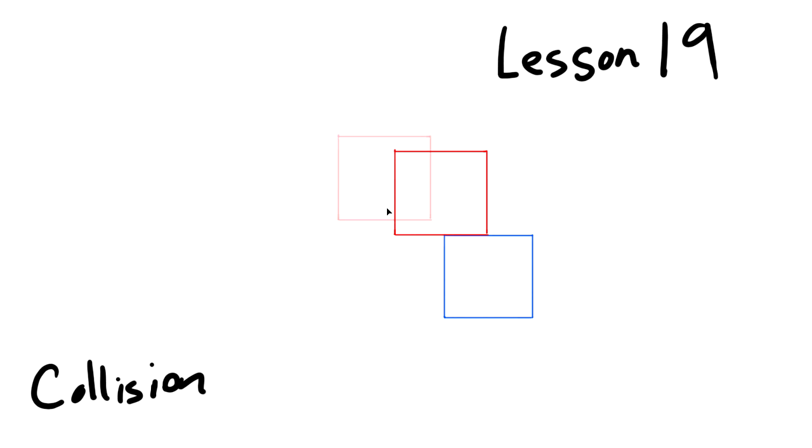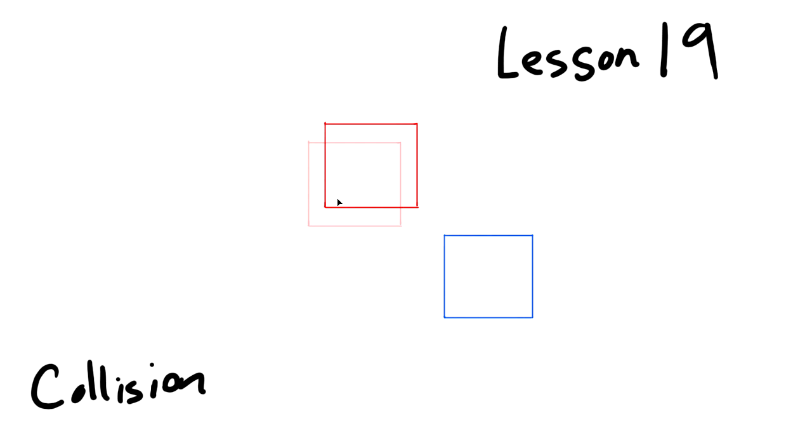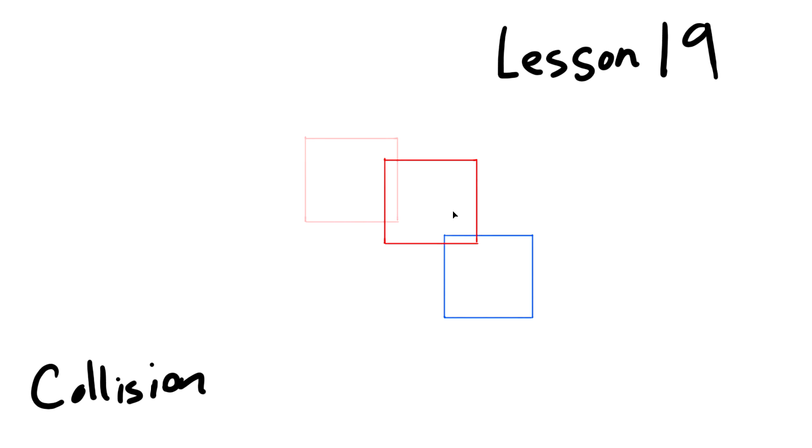obviously there are some situations where it wouldn't work, especially corner cases. Let's say you're coming in at a shallow angle here, shallow angle, but you have a high horizontal velocity.